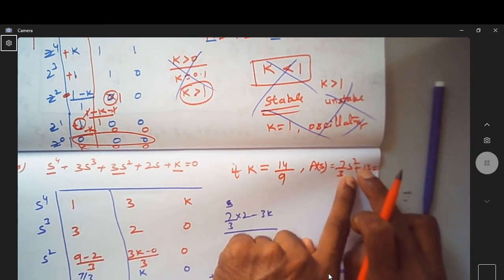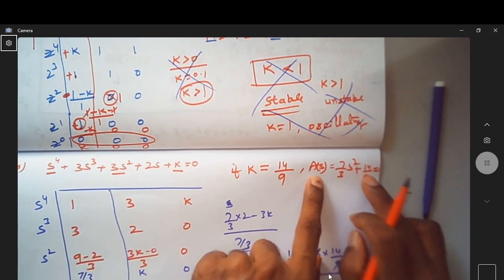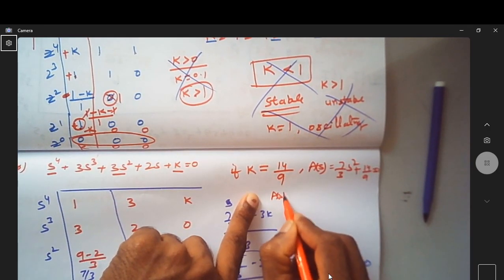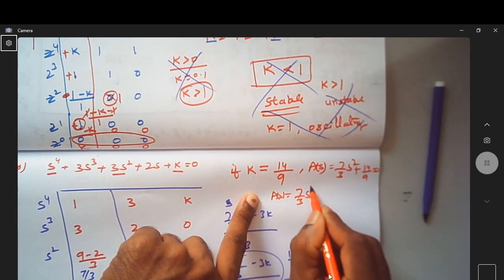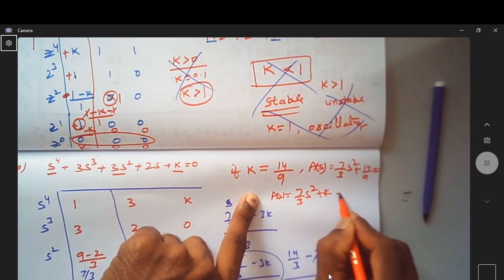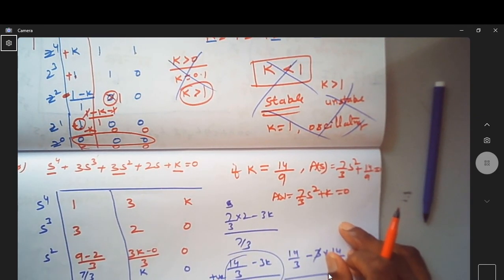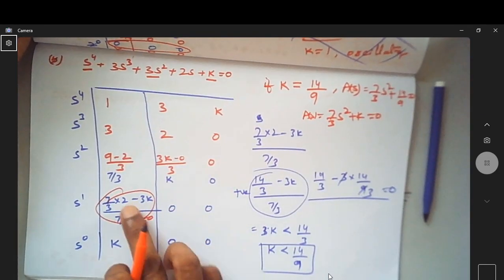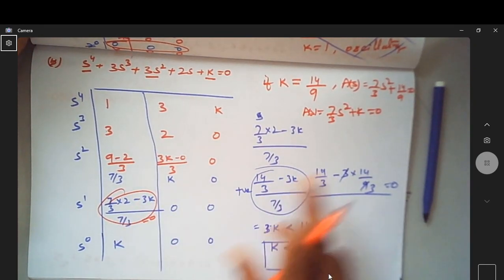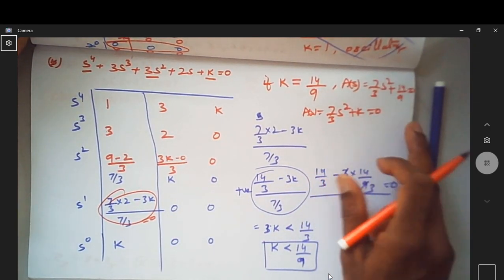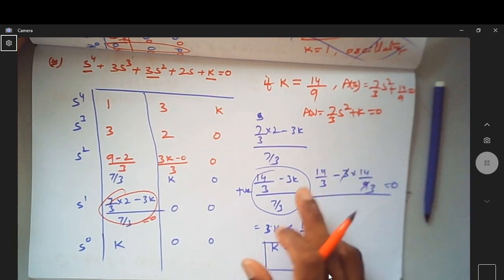So the auxiliary equation is 7 by 3 s square plus k equal to 0. When will this become an auxiliary equation? Only when this is 0. When does this become 0? When k is 14 by 9.